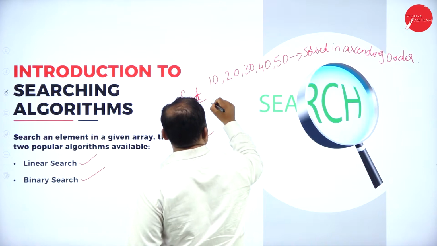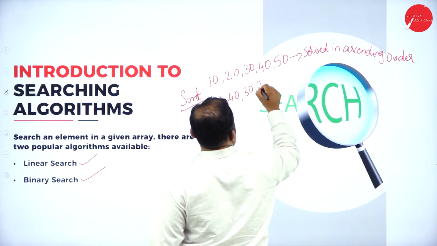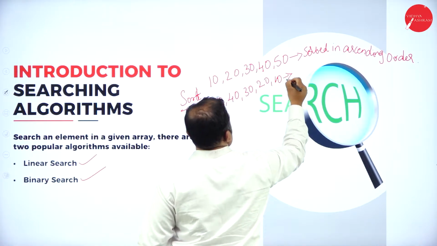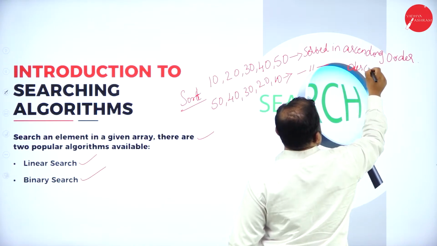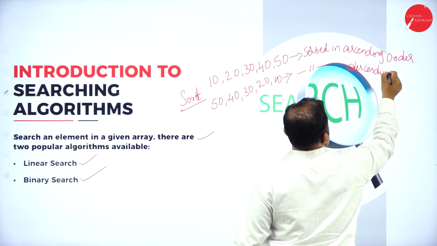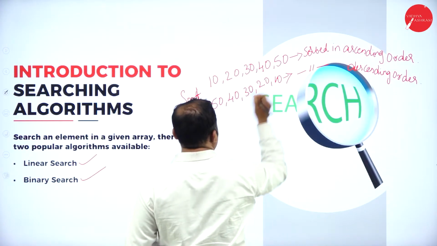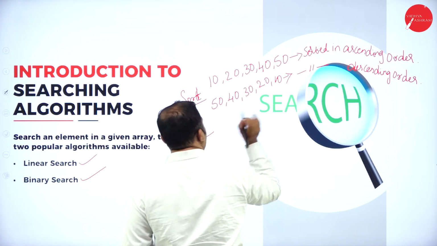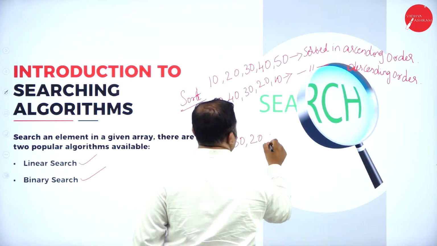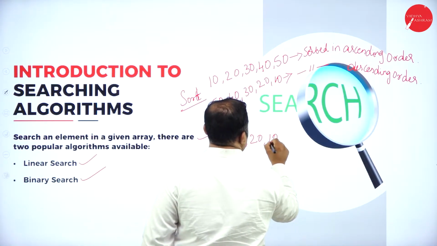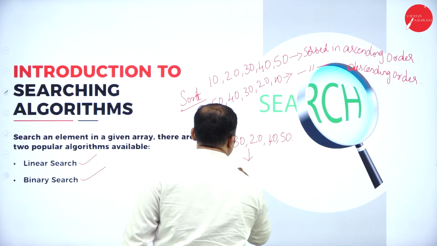Suppose if the elements are sorted in this manner, we say that it is sorted in descending order. Suppose if I have the list of elements in any random manner, that is 10, 30, 20, 10 or 40, 50. These are called as an unsorted array.